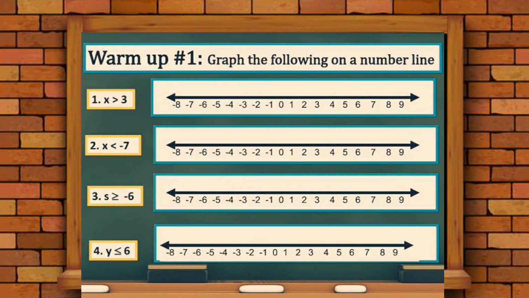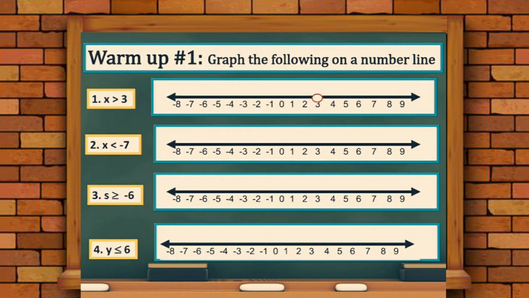In warm-up number 1, let's graph the following on a number line. Number 1, x is greater than 3. Since our inequality symbol is greater than, we will use an open circle. Let's put our open circle at 3. It means 3 is not included in the solution set.